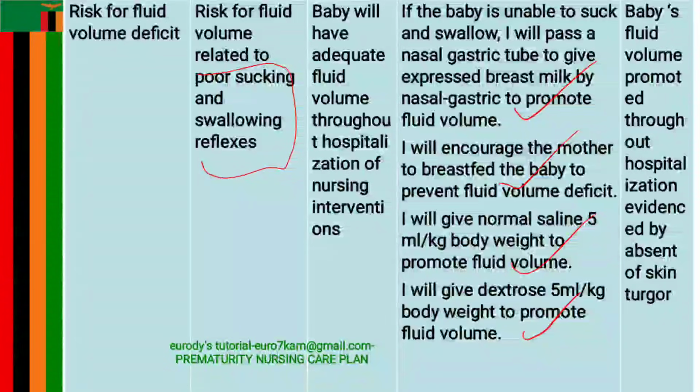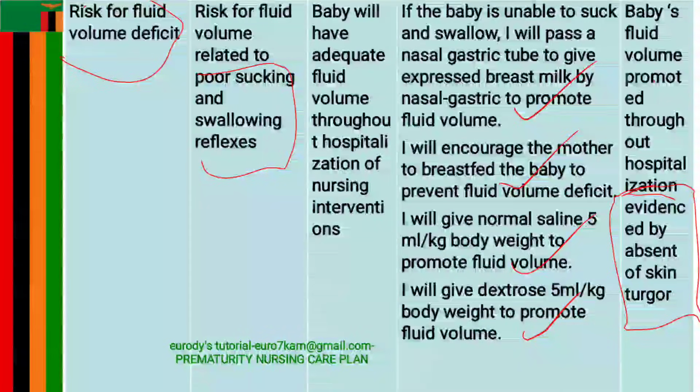Always remember that when it comes to evaluation, even if the problem is just a risk problem, on evaluation, the evidence must be there. The grading system is that you get a mark for a correct problem, then 2 marks for correct nursing diagnosis.